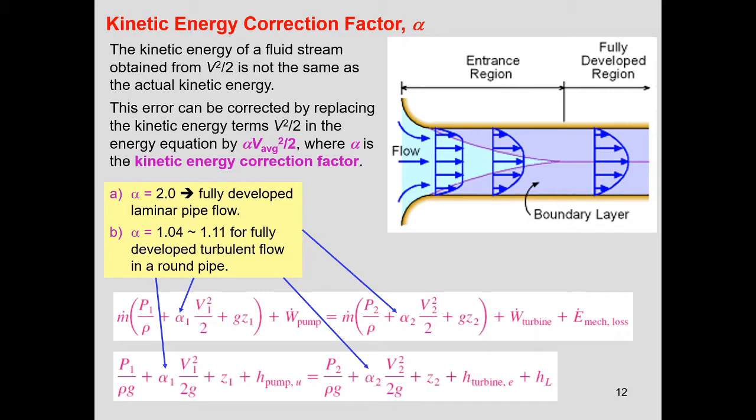So this is the final version of the equation: P1 over ρg plus alpha 1 V1 squared over 2g plus Z1 plus h_pump equals P2 over ρg plus alpha 2 V2 squared over 2g plus Z2 plus h_turbine plus h_losses.